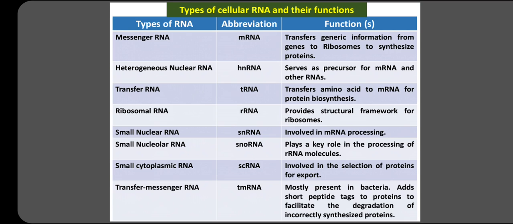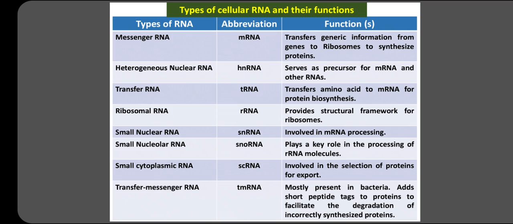So transfer RNA transfers amino acids, and messenger RNA transfers genetic information, for protein synthesis. Next, ribosomal RNA, rRNA, provides the structural framework for the ribosome.